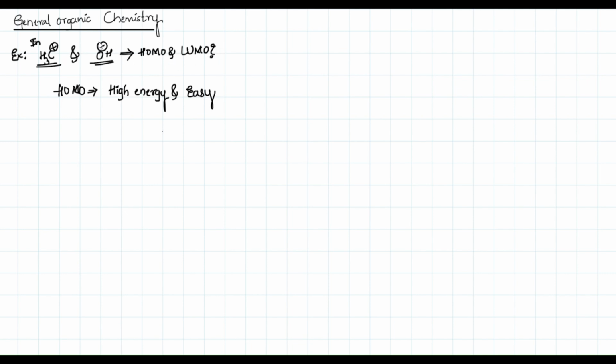We all know that the hydroxyl OH minus ion is going to attack the carbocation. Let us know HOMO is the highest occupied molecular orbital, which has high energy and easy donation is there. LUMO means the lowest unoccupied molecular orbital, which has low energy, and easy acceptance is there.